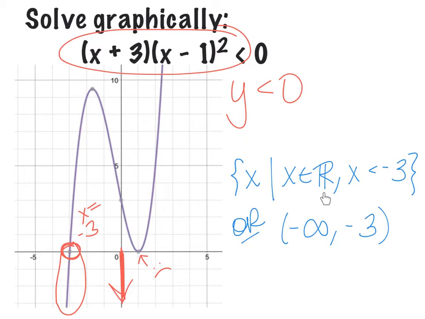I can use set builder to say that x is an element of all real numbers, and x has to be less than negative 3. Or we can write it in interval notation as negative infinity comma negative 3 with parentheses around both, because infinity will not include, so it's going to have a parenthesis instead of a bracket. And then here, it's going to be a parenthesis because it's not going to include that point because of our original inequality that was given to us.